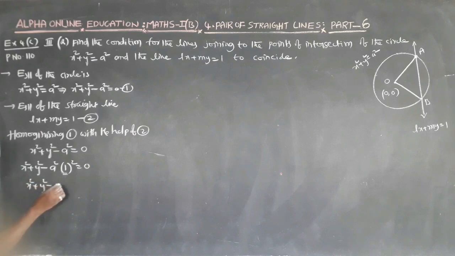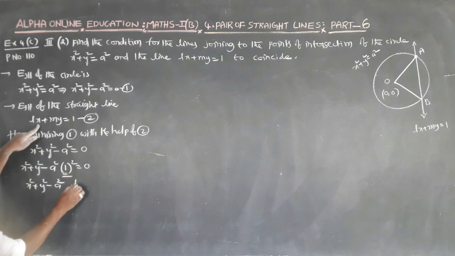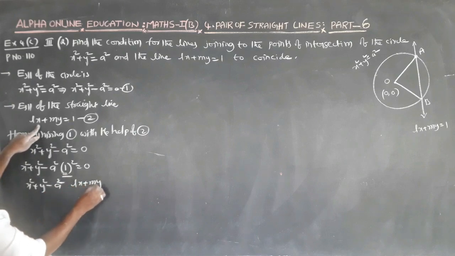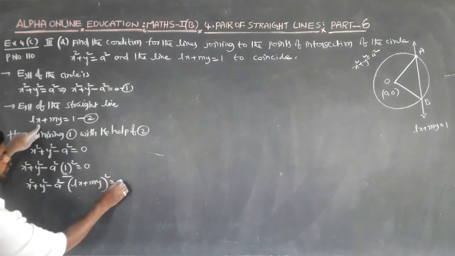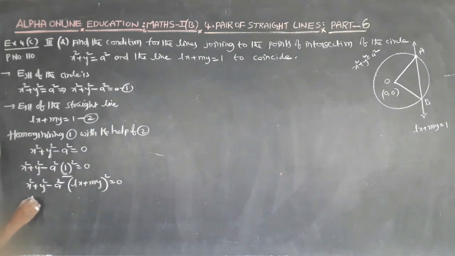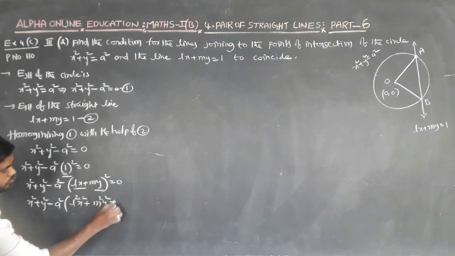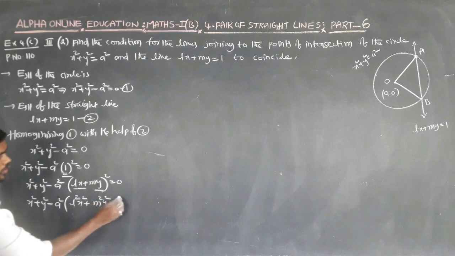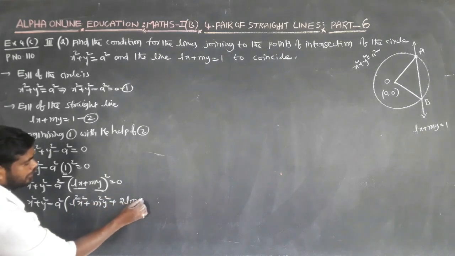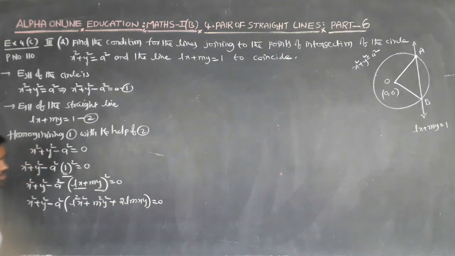x square plus y square minus a square into 1 equal to, write down, (lx plus my) whole square equal to 0. x square plus y square minus a square into (lx plus my) whole square: a square, l square x square, b square, m square y square, 2ab, 2lm xy equal to 0.